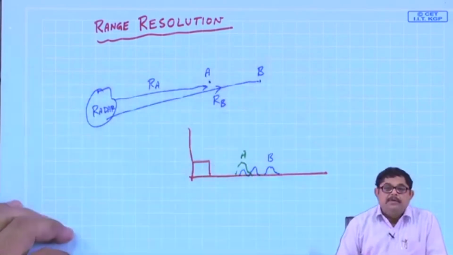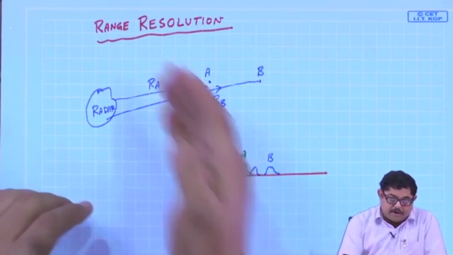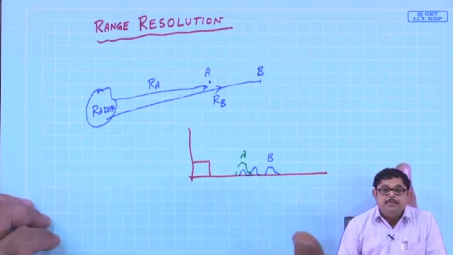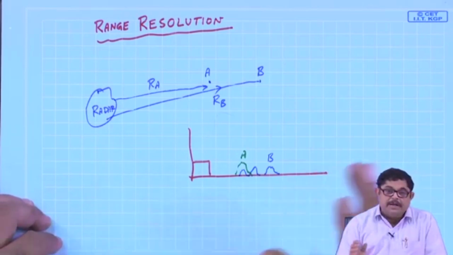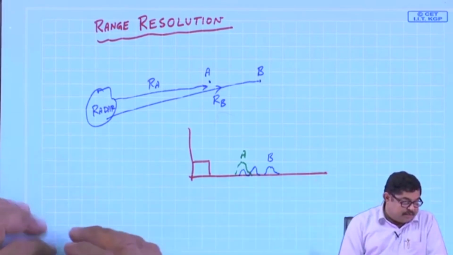So, how to define then this concept of resolution? For range resolution, the smallest distance which can be discriminated by the radar detector is called the range resolution of the radar.